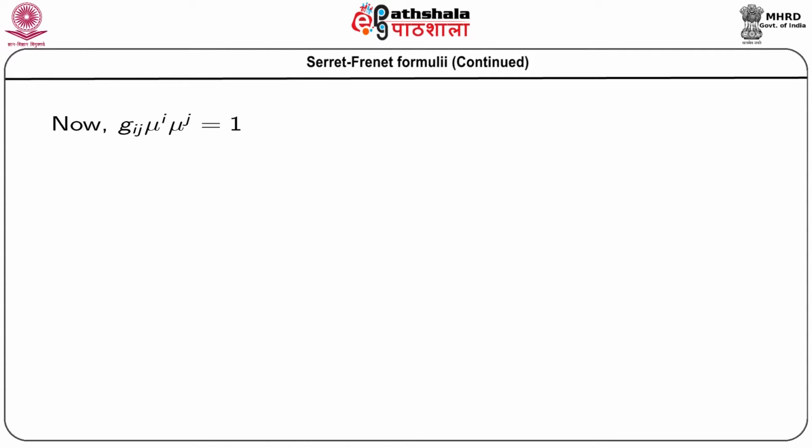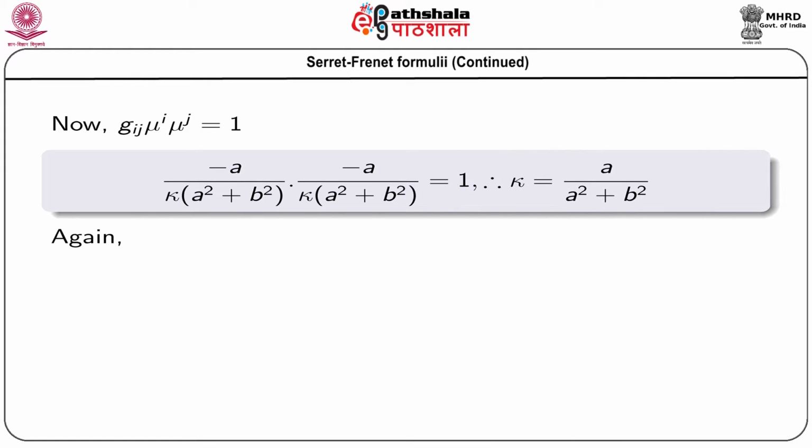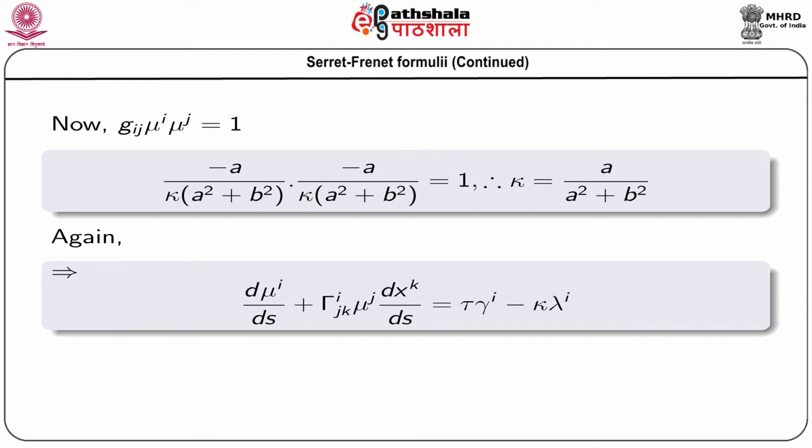Now, using g I j mu I mu j equal to 1, we get the value of the curvature, that is a by a square plus b square. Again, if we use the second Serret-Frenet formula, that is del mu I by del s equals to tau gamma I minus kappa lambda I, we get this relation.